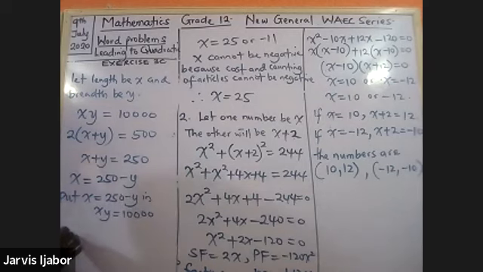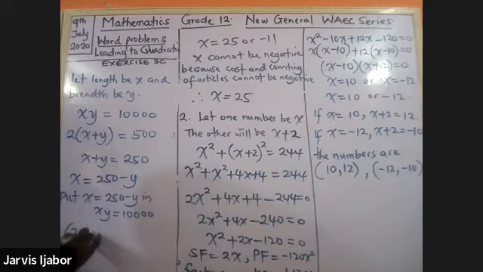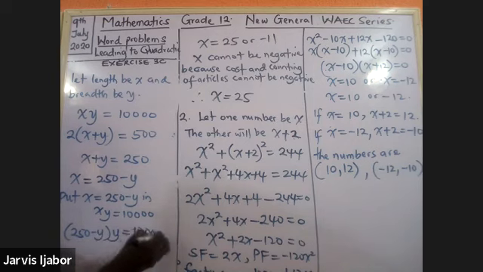So it means that x, 250 minus y, we multiply y, and that will be equal to 10,000. Meaning that 250y minus y squared will be equal to 10,000.